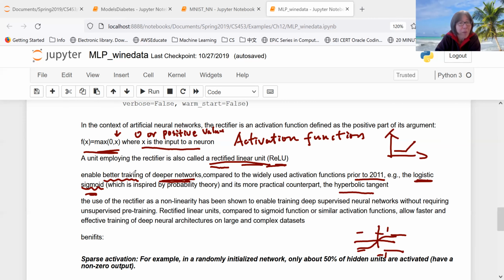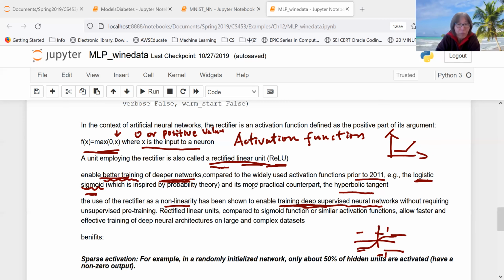after that, researchers found out that if we use this ReLU, rectified linear unit, it can provide better training. It says the use of it as a nonlinearity has been shown to enable training deep supervised neural networks without requiring unsupervised pre-training.